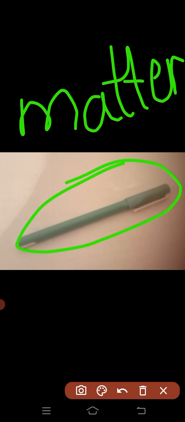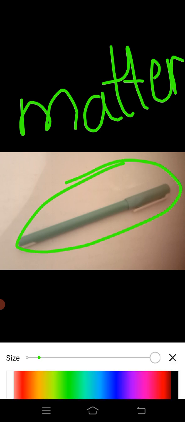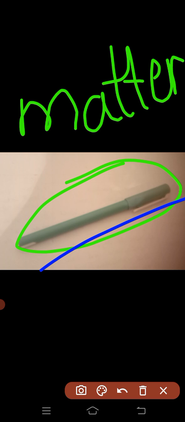The shape of the pen, that much space this pen will be taking. So I might call this pen matter. Getting it? Yes. So this pen is matter.